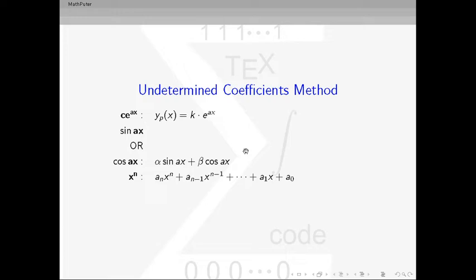We keep in mind how we design the assumption: a linear combination of all possible derivatives. And finally, when we assume this thing, we never forget to compare each term with yc(x), right? So that's why I mentioned here separately, don't forget to compare with yc(x).